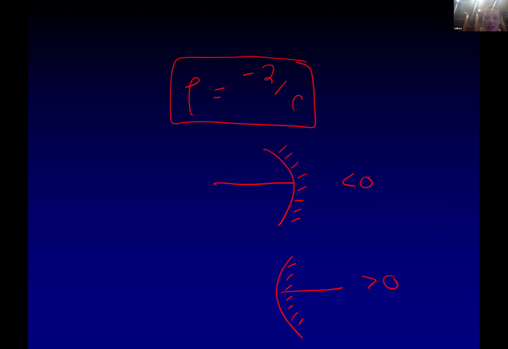So technically the minus is in there. When you're calculating, I think the easiest way is to look at the type of mirror. If it's concave, the power is going to be positive, and if it's convex, the power is going to be negative. But the answer of why the R is negative is just pure convention. Memorize it, that's fine.